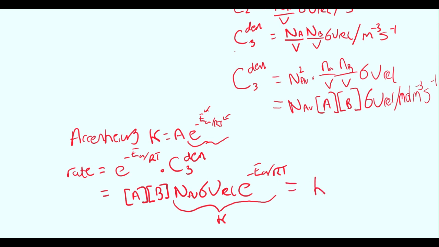So if we simplify this, we have k times A concentration times B concentration, which is exactly what we would expect for a simple reaction of A plus B reacting to form substance C. It's going to be first order with respect to each of the reactants. So that's how we derive our rate equation from the collision theory.